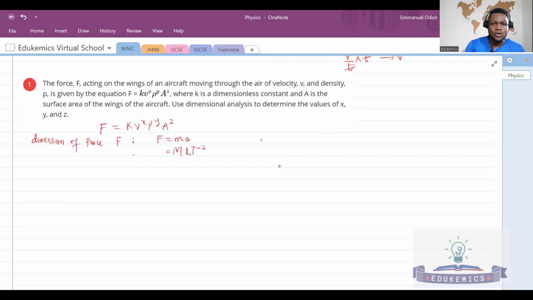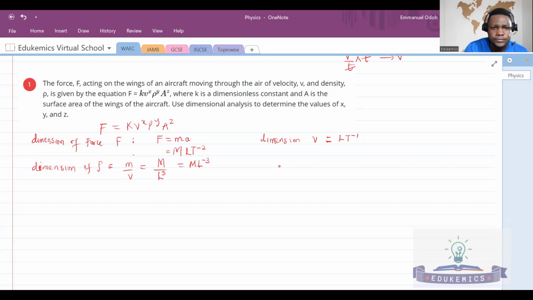Next, the dimension of V, which is velocity, is LT minus 1. And rho is density. Density is mass over volume, so mass is M, volume is L cubed, and the dimension is ML minus 3.